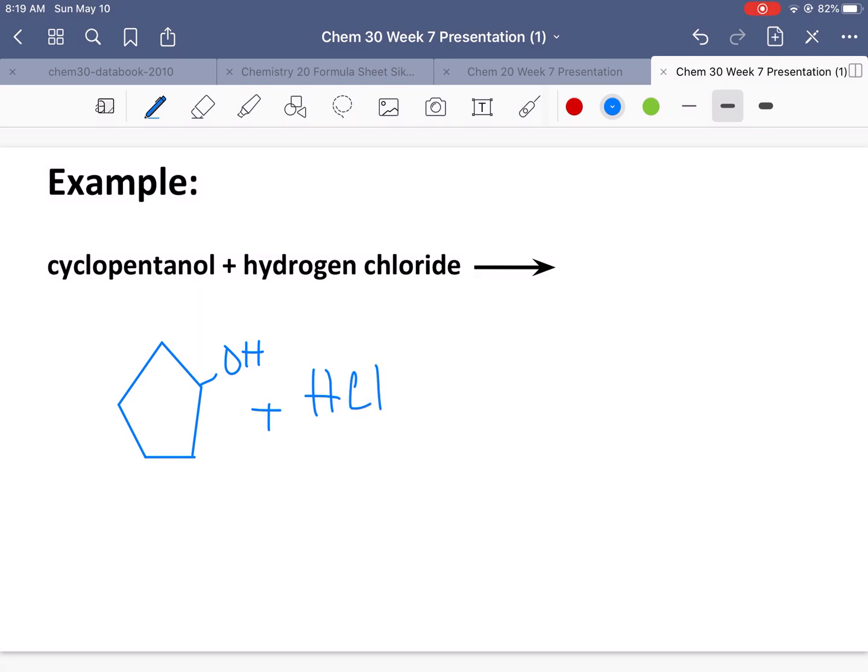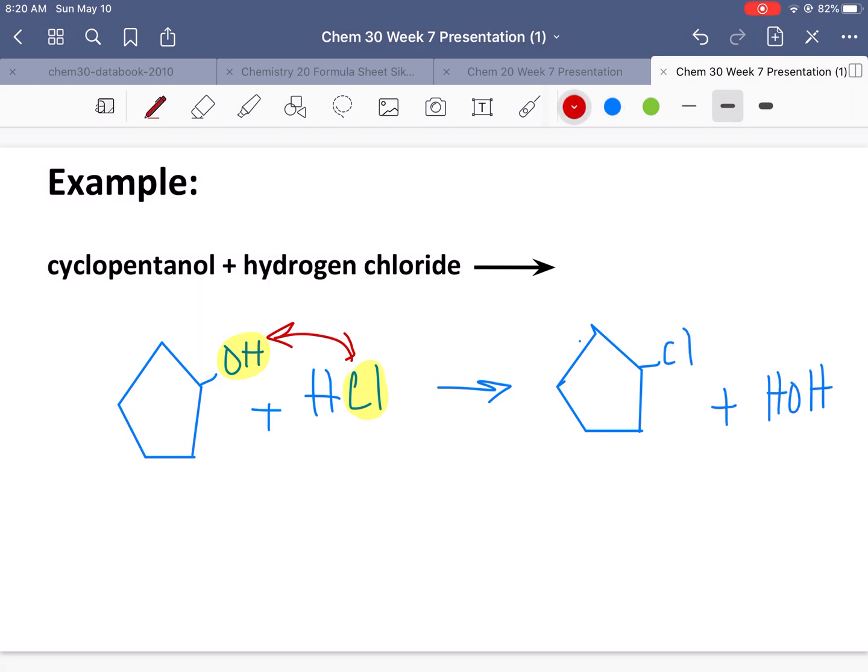It's a hydrogen halide. There will be a swap out between the hydroxyl group and the halogen. These 2 will switch places. We then have our same cyclopentane structure, but now a chlorine coming off of there, plus HOH.